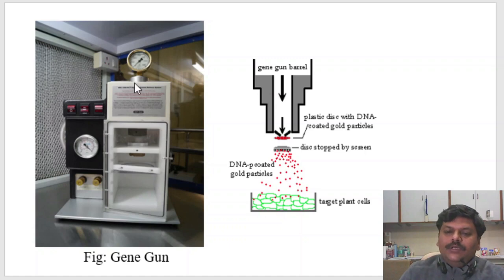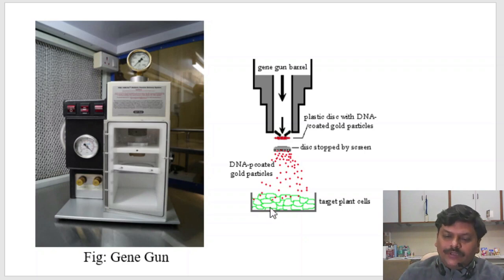In this chamber, very high pressure is created by use of a gas. Mostly we use helium gas because helium is an inert gas, and there are no chances of helium reacting with any of the components which we are using inside the gene gun, and it is not harmful for plant tissues as well.